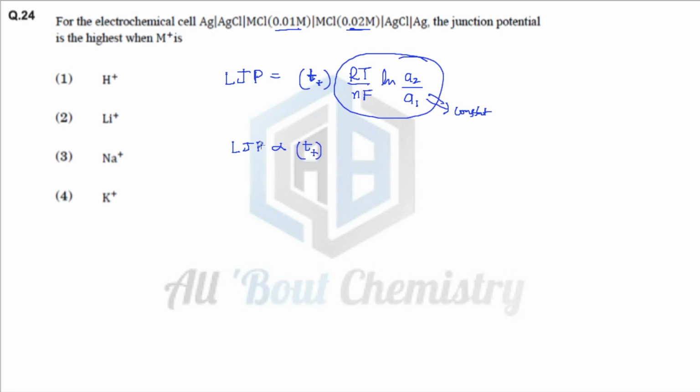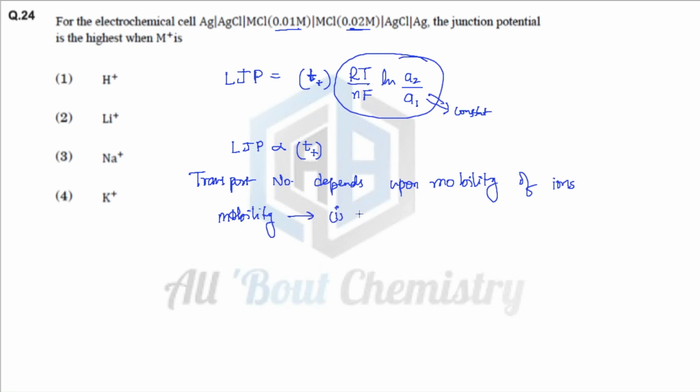Now transport number depends upon mobility of ions. And mobility depends upon two things.